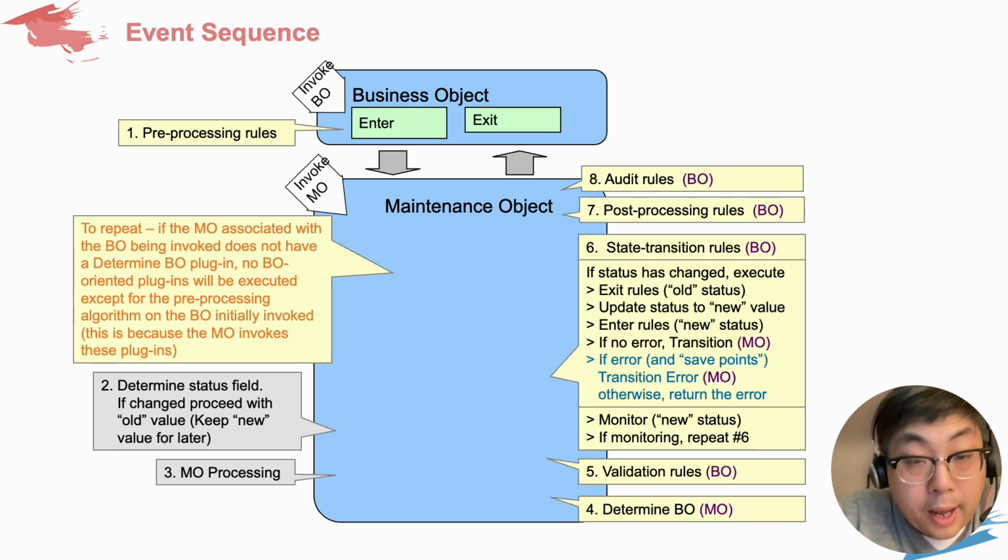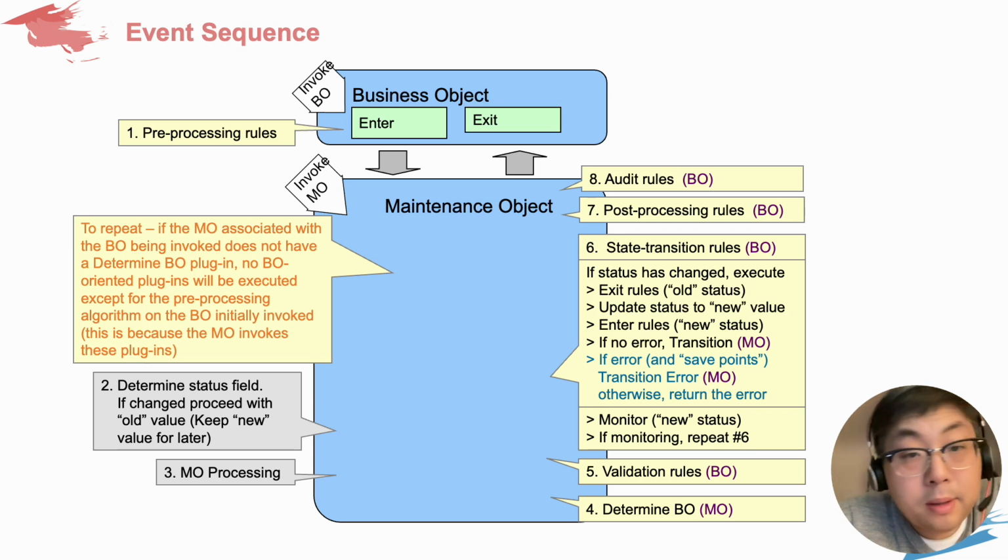First I trigger the exit algorithm of my previous state. If I move into a new status, I trigger the enter rule for the new state. And potentially I'm running the monitoring rule as well in the case of periodic monitoring.